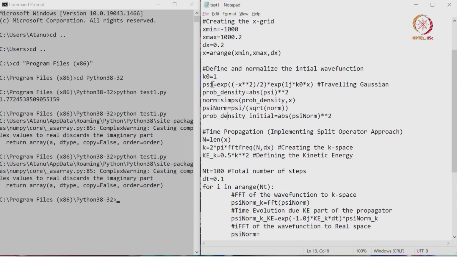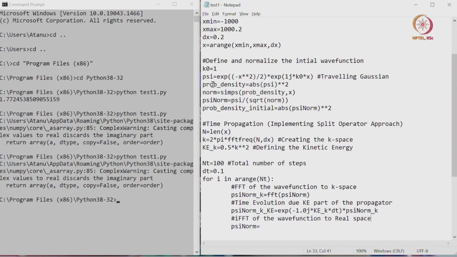I start with it, but during the iteration, this psi norm will be updated. So in the second iteration, after the first step, this psi norm will be updated to this new psi norm. So that's the way the iteration continues. I am now updating the psi norm value with the IFFT of this function.